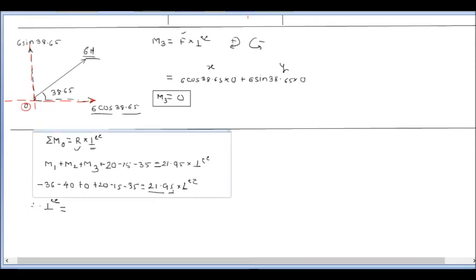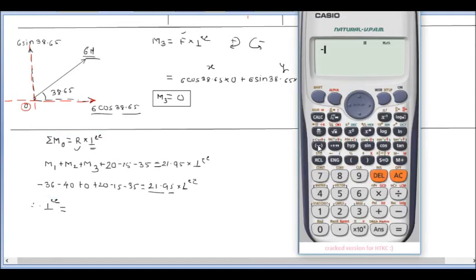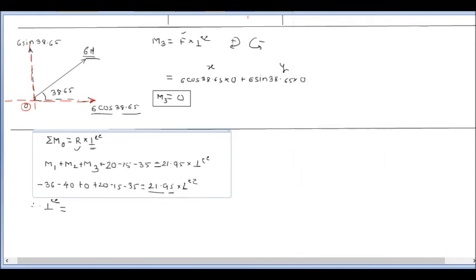So once again, first we calculate all these things, that is minus 36 minus 40 plus 20 minus 15 minus 35, divided by 21.95. We get the answer here as minus 4.83 meter.